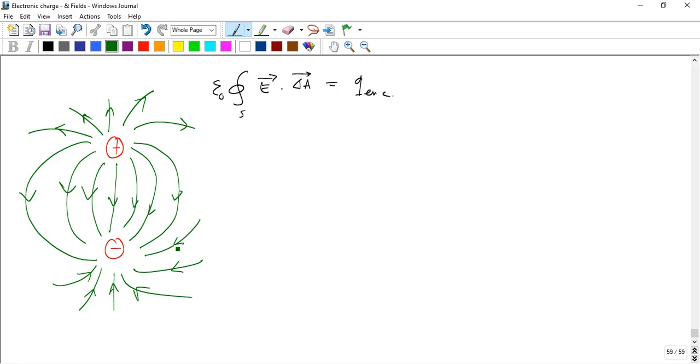Let's take an example with four surfaces. Consider surface 1 and another surface, surface 2, which is a 3D surface, and another, surface 3.